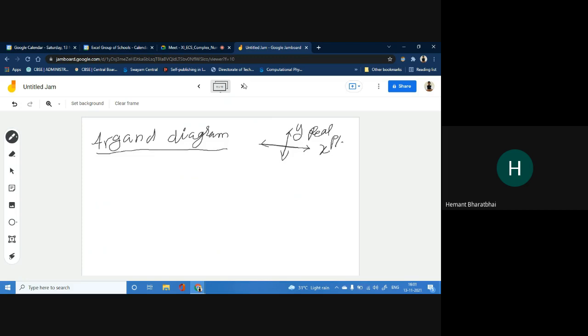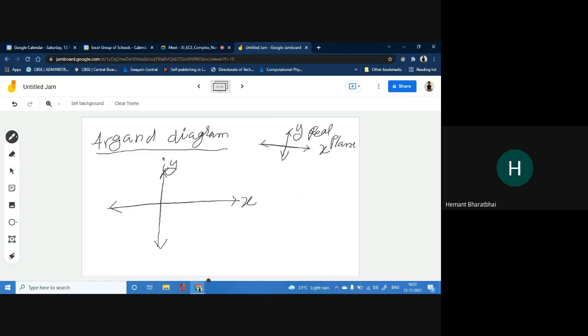Therefore, I will call this a real plane. Why do I call it a real plane? Because both axes have real numbers. So what Argand did was carry forward the similar thing and plot a complex number. The complex number we know can be denoted as z equals x plus iy.